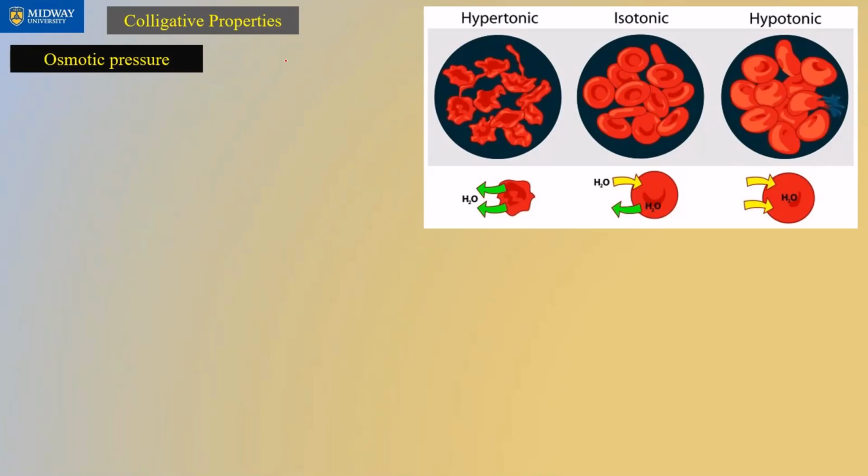Say you have a vessel, and you have a permeable membrane through which things can go back and forth. Say this side is a highly concentrated solution, and this side is a low concentrated solution.